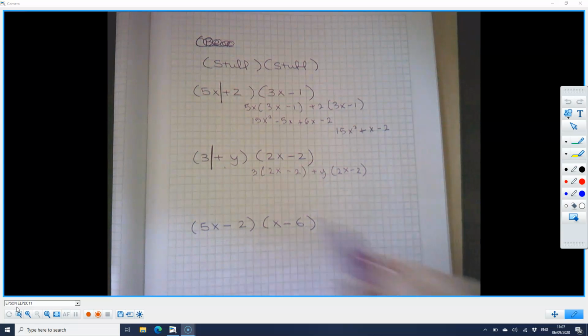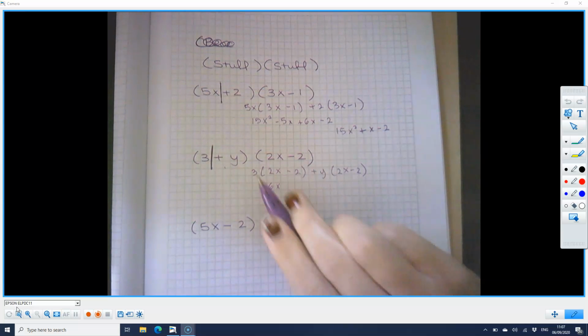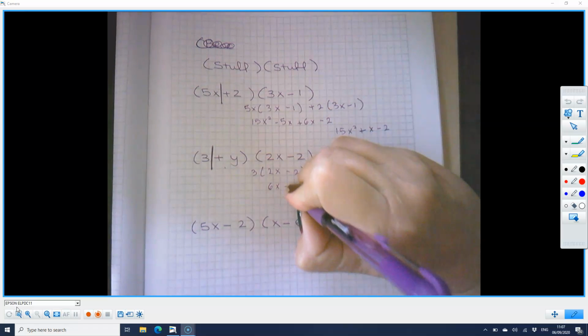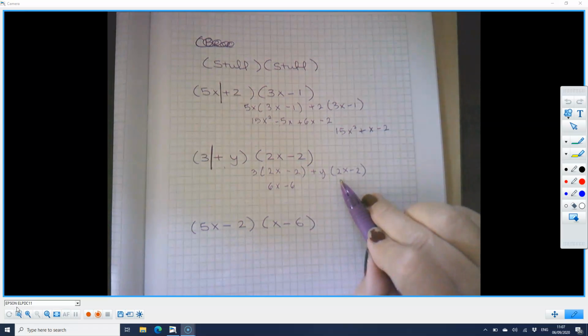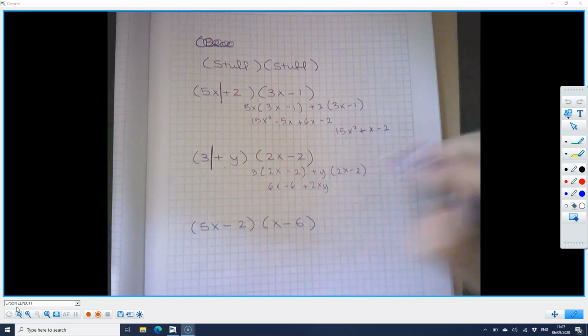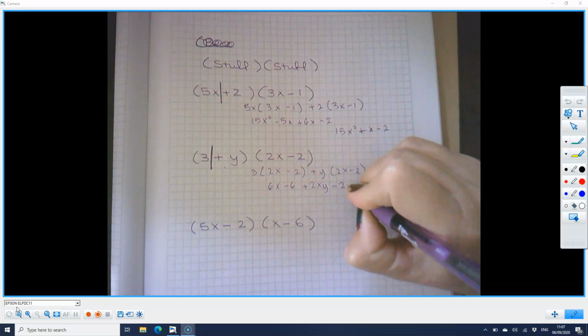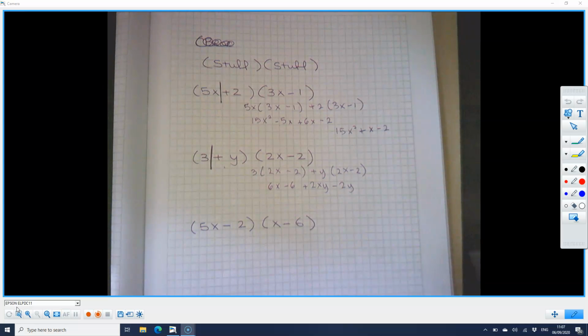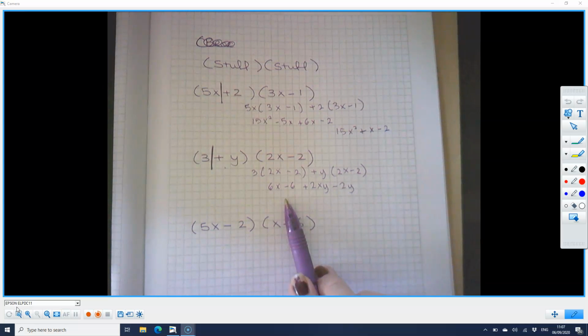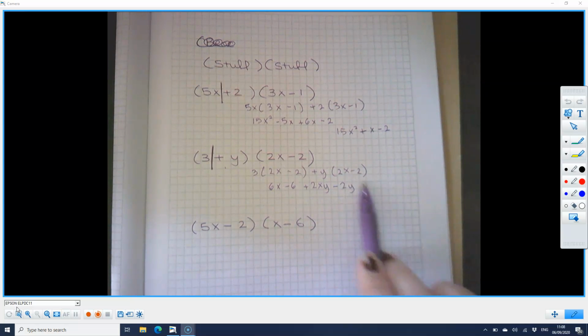All right, so again, you're multiplying it out. 3 times 2 will give me 6, and I get a 6x. 3 times minus 2 gives me a minus 6. y times 2x gives me 2xy or 2yx, it doesn't matter. And y times minus 2 gives me minus 2y. In terms of tidying this one up, I can't tidy it up because these are x's, these are numbers, these are xy's, and these are y's. So they're all different sort of terms, so you can't group them together.